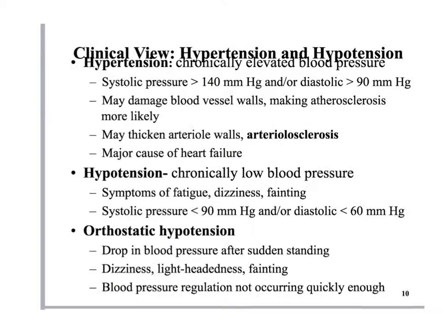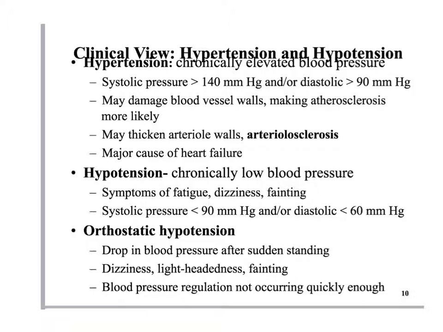So, what is hypotension and hypertension? Hypertension is chronic elevated blood pressure, high blood pressure. Systolic over 140 or diastolic above 90. What this leads to can damage blood vessels and make atherosclerosis and arteriosclerosis much more evident.